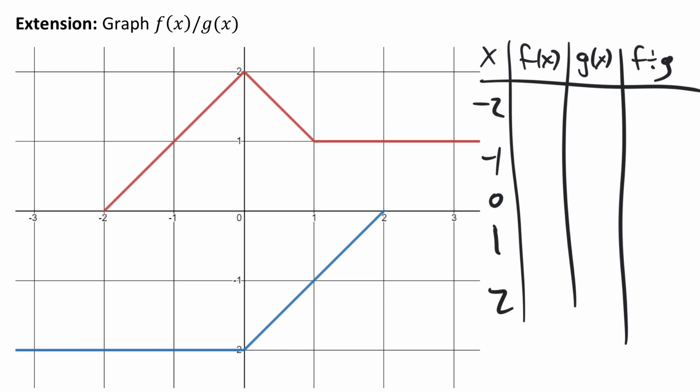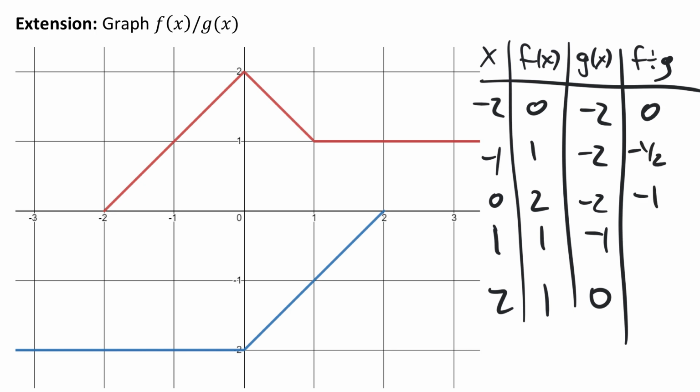So the f values are right here, 0, 1, 2, 1, 1, and the g values are -2, -2, -2, -1, and 0. So 0 divided by anything is 0. This would be -0.5, -1, -1, and then undefined because we can't divide by 0.